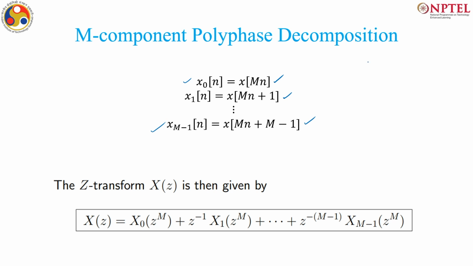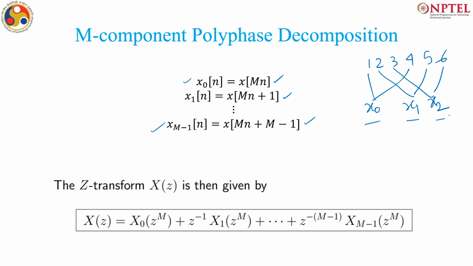Like if I have say 1, 2, 3, 4, 5, 6 and I want 3 phases, so 1 and 4 will be my x0, 2 and 5 will be my x1, 3 and 6 will be my x2. This is also very much similar to the divide and conquer FFT. So, here I have 3 components. Now, I will divide them similarly in this manner.